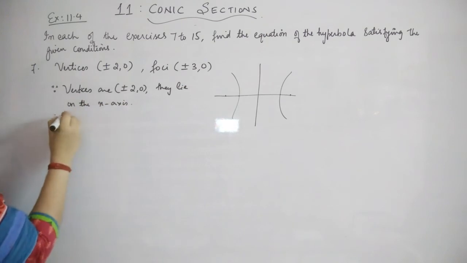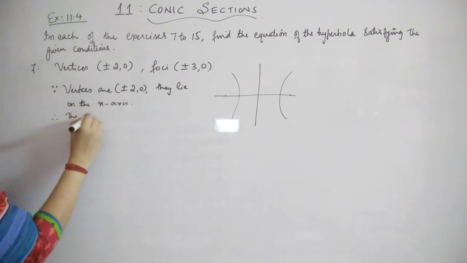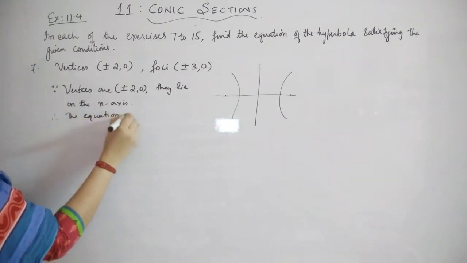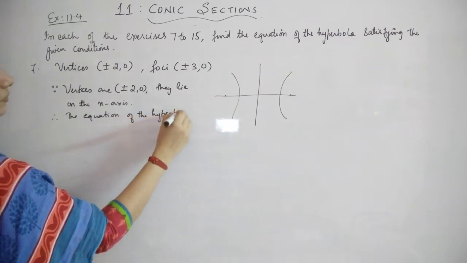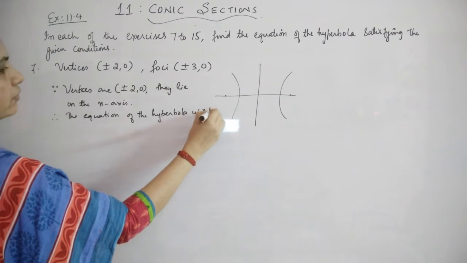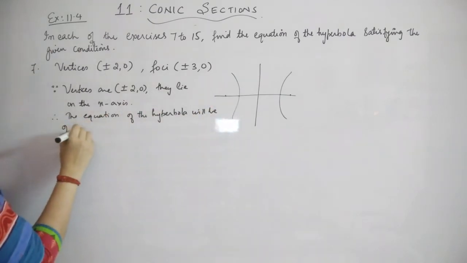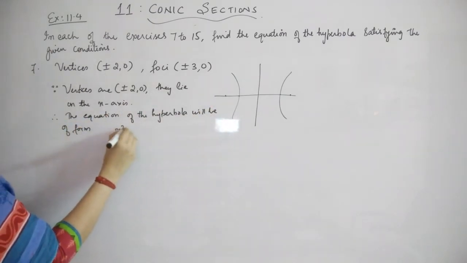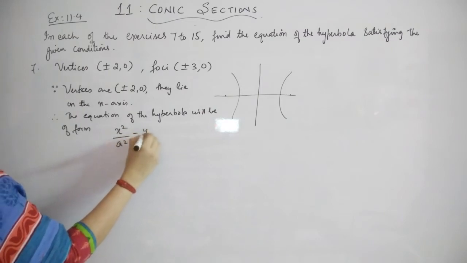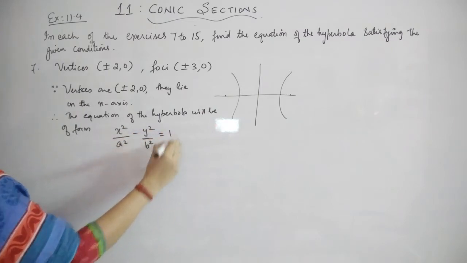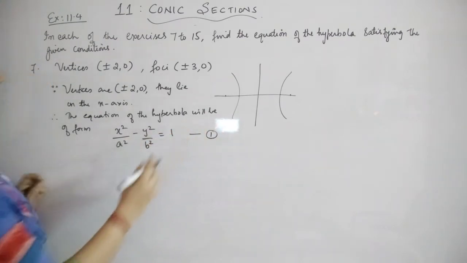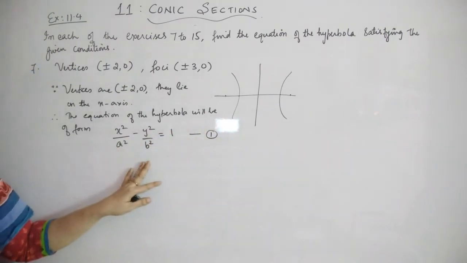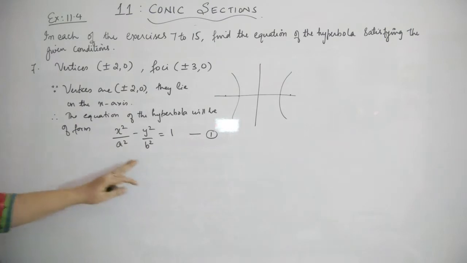Therefore, the equation of the hyperbola will be of the form x square by a square minus y square by b square equal to 1. Now our task is to find out what a and b are, and we will replace them in this equation. So first we will start with what is a.